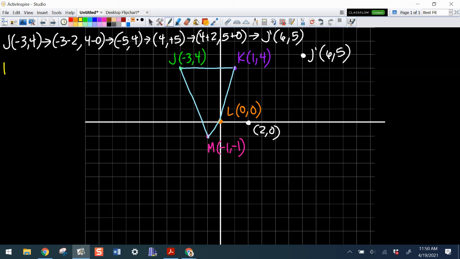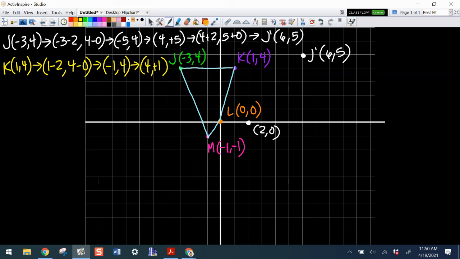Now K prime. So let's tackle K. K is located at (1, 4). Subtract 2 from our x and 0 from our y. 1 take away 2 is -1. 4 take away 0 is 4. We'll swap our x and y, then change the second sign. So notice I swap first because that -1 is going to change to a +1.